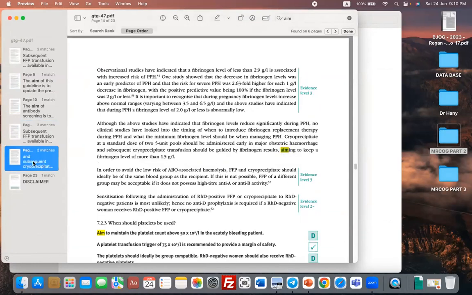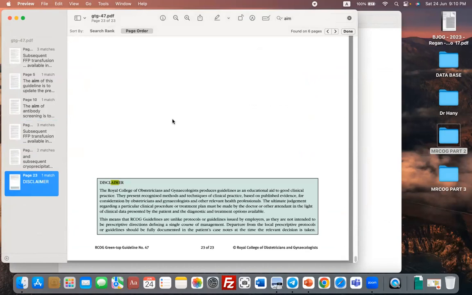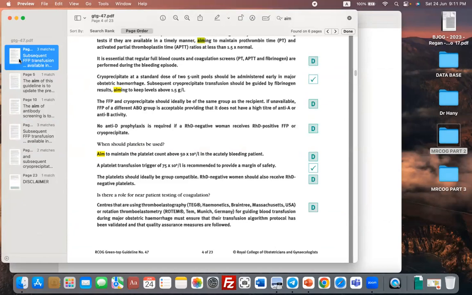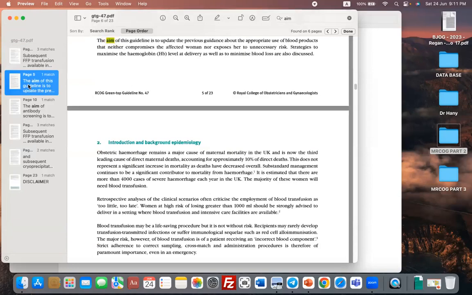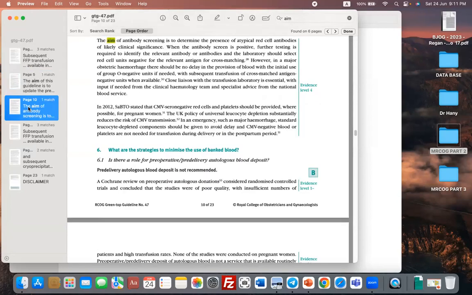The only confusing thing is that in the chart you showed, they mentioned that if there is ongoing PPH, I need to continue the resuscitation until I stop the bleeding. Once I stop the bleeding and I am away from the target, so hemoglobin less than 8 or platelets less than 75, I will give. Yes, sir. Okay.